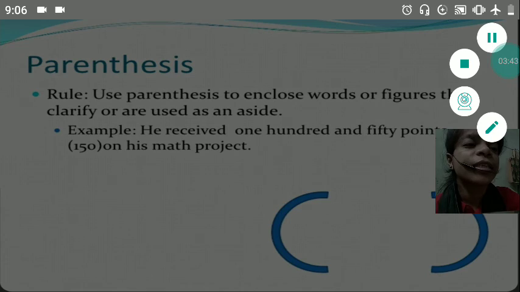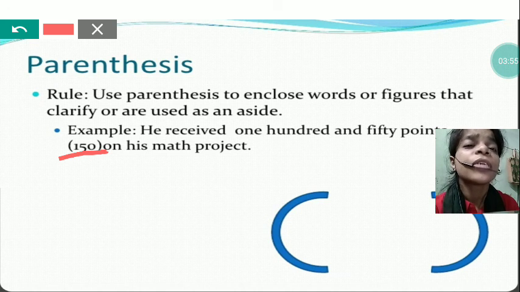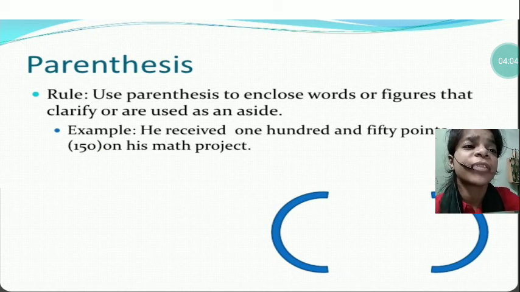In this example, the sentence is complete without this number, but still it is here. So it is a hidden word, meaning that without it the sentence is still meaningful. It is not compulsory to write it there, but still it is written, so it is written in parenthesis.